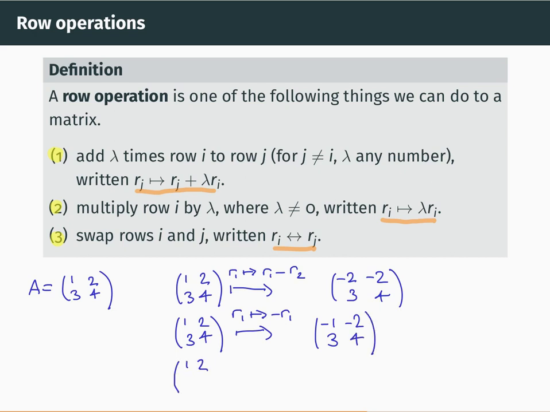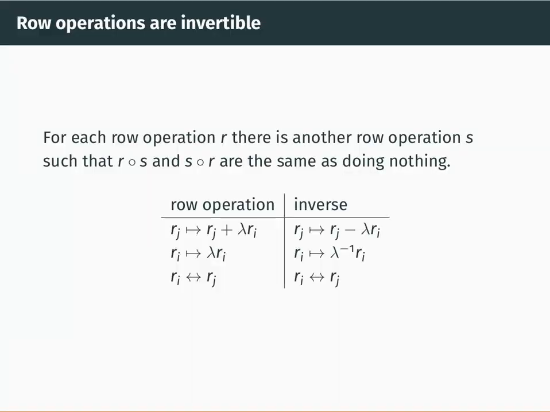And as the final example, if we were to do the swap rows 1 and 2 row operation, then what we would end up with is 3, 4, 1, 2. Those are the 3 different types of row operations, and they correspond to manipulations that we commonly do to systems of linear equations. You'll see how shortly.